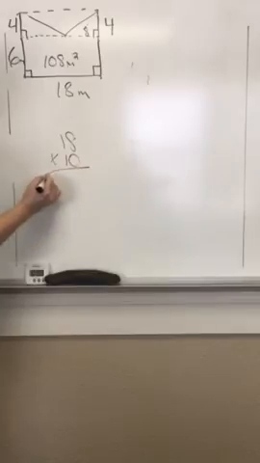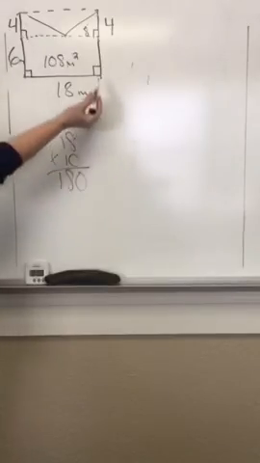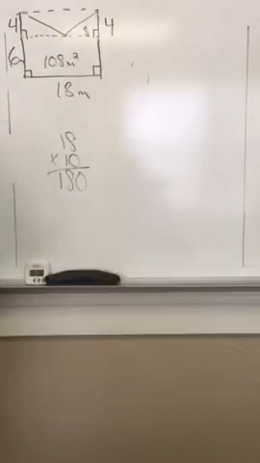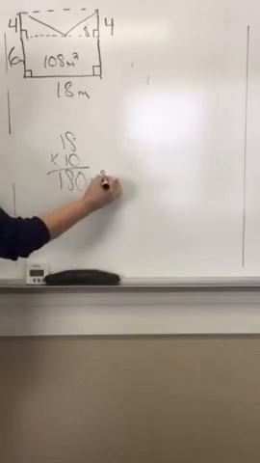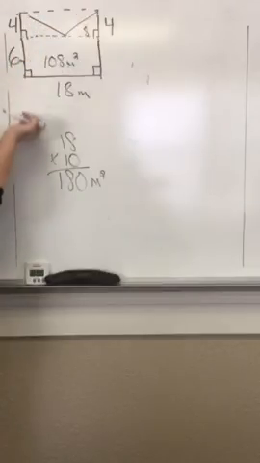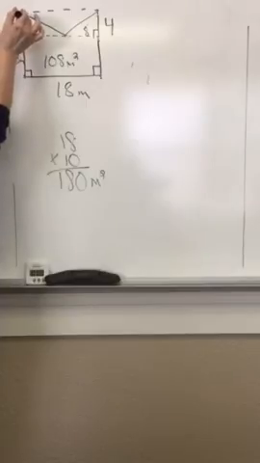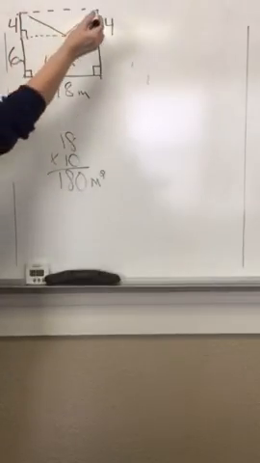18 times 10 gives us 180. That's the area of the entire figure. The only thing that we need to do, and this is meters squared, is we need to figure out what the area of this triangle is and just subtract it from it. So let's see, this is an inverted triangle.